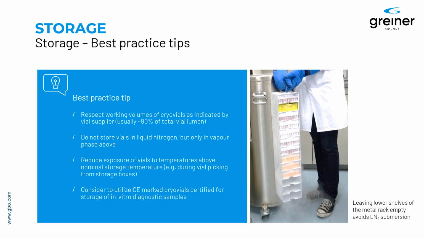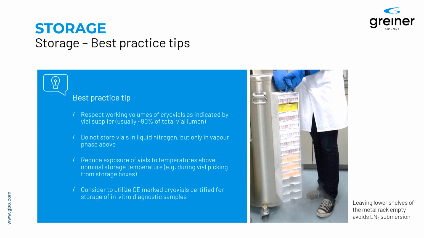And the extra volume that you need for the expansion of your sample is actually taken into account, and that's why the working volume is usually less than the total inner lumen of your tube. It's about 90%. So keep this extra space available for the expansion of your sample, and if you do so, you don't have to be afraid that your tubes are rupturing or breaking and sample is leaking.